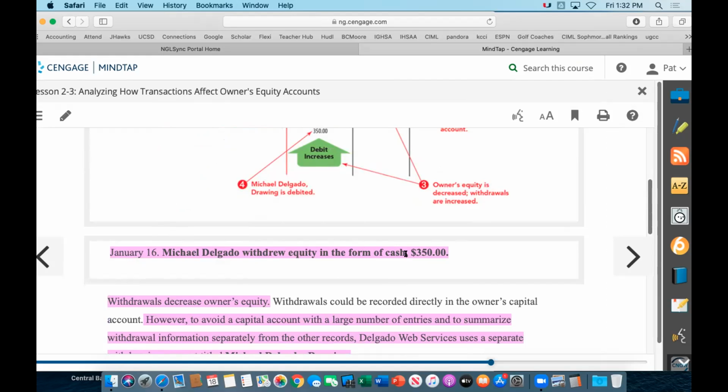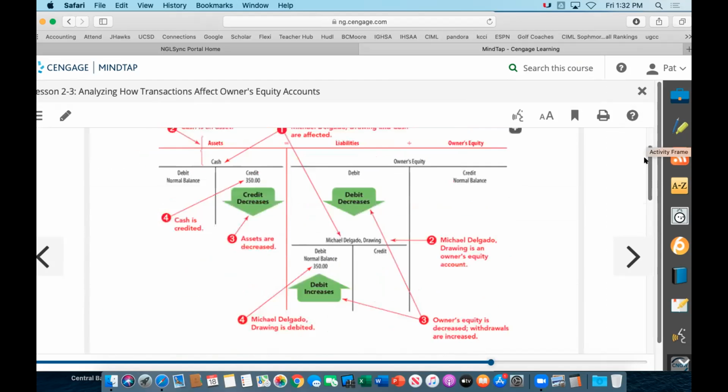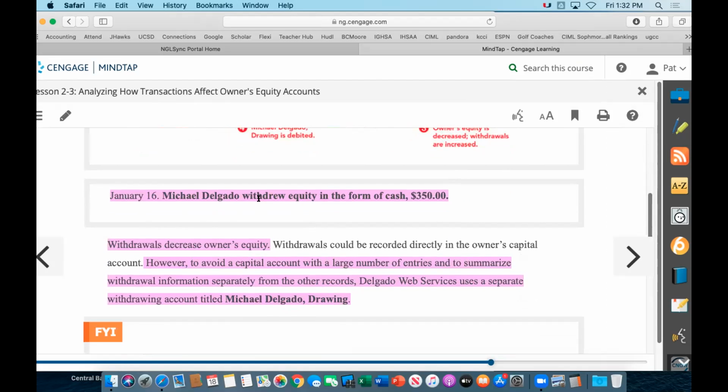Where the heading says paid cash to owner for personal use, that is the same thing as saying withdrew equity in the form of cash. So just so that you don't say, wait a minute, it's not on my sheet. And all this means is the owner, Michael Delgado, withdrew money.